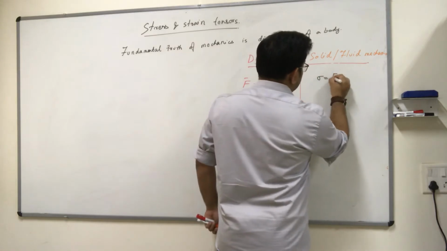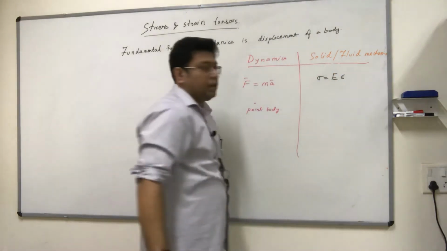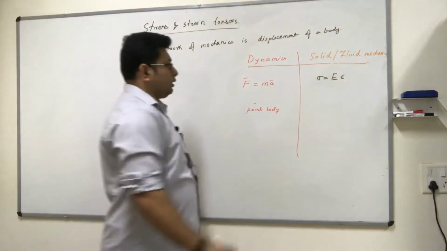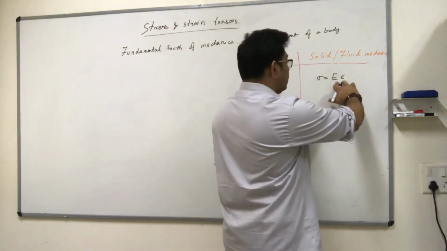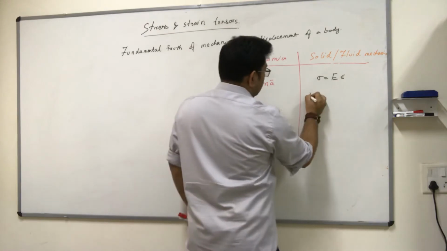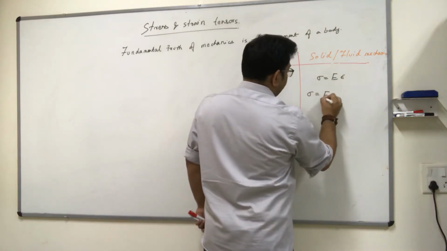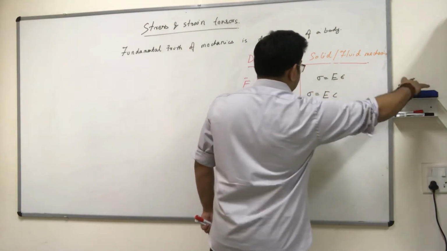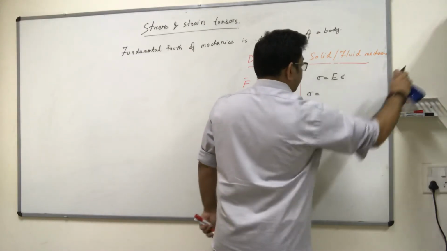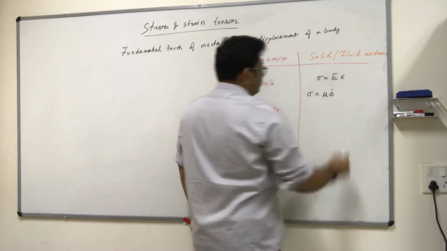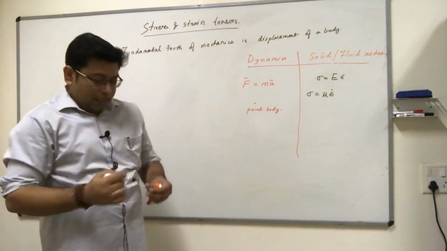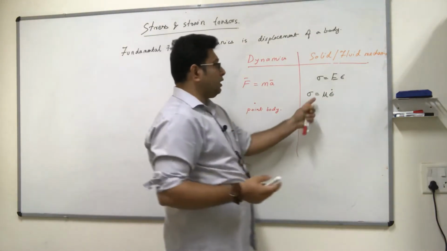For example, this is what you will see in solid mechanics, right? This is stress related to some modulus, and this is strain. And when we come to fluid mechanics, sorry, the wrong equation. We will see that our equations will reduce to something like this.